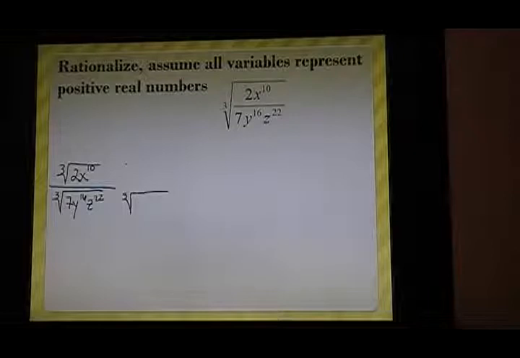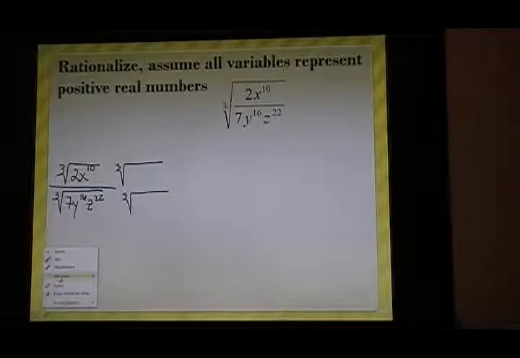So I'm going to multiply by some cubed root, and again, both numerator and denominator by the same thing to create an equivalent fraction. It's still the same notion. I know that when I rationalize, what I want is a perfect cube radicand so that I can evaluate with no root in the bottom.